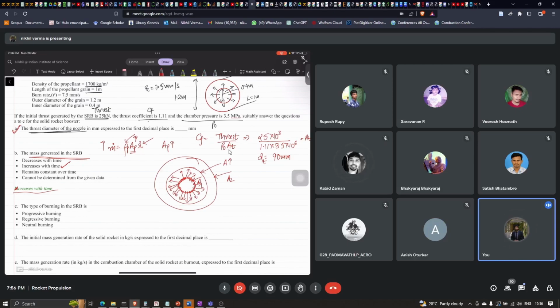So this can be written as the area at any time. If the length is like this, the area is 2 pi r L, where L is the length.